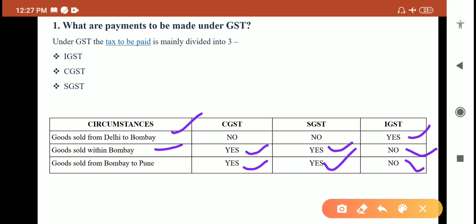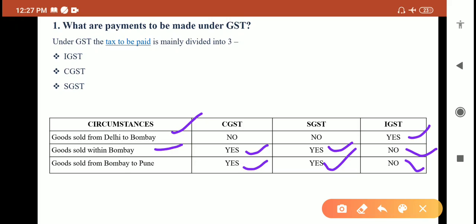So in such a case, the dealer collects around 1,800 rupees, because 10,000 is the value of the transaction and 18% is the rate of GST, and that amount will be 1,800. Of that amount, 900 will go to the central government and 900 will go to the Maharashtra government, because the transaction is held in Maharashtra.